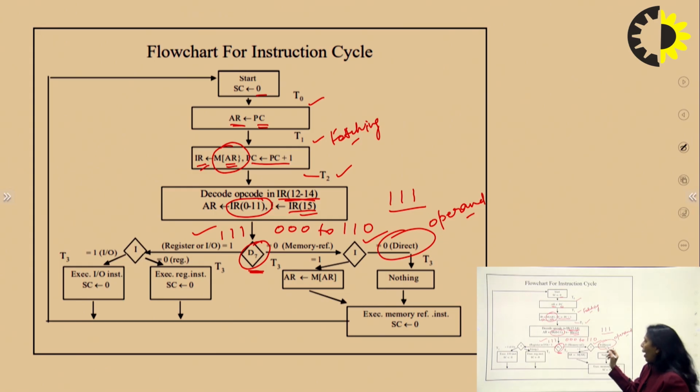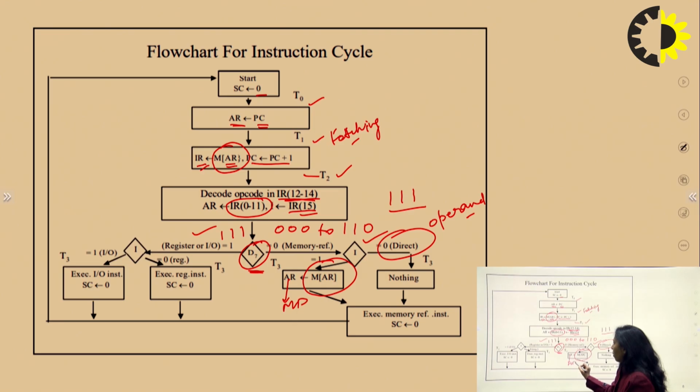And if it is 1, that means it doesn't hold the actual value. It is having the address for that value to be fetched. So again, this value needs to be brought from somewhere, the destined register or from the memory. As we are on the memory reference side, it needs to be brought from the memory. From here, the memory word will be sent to the MDR via the memory address register.